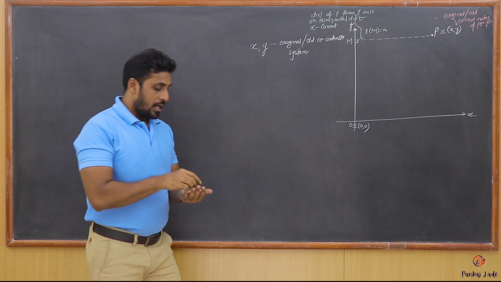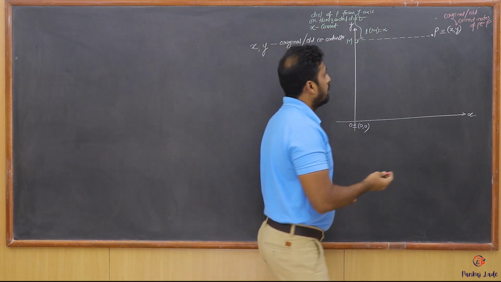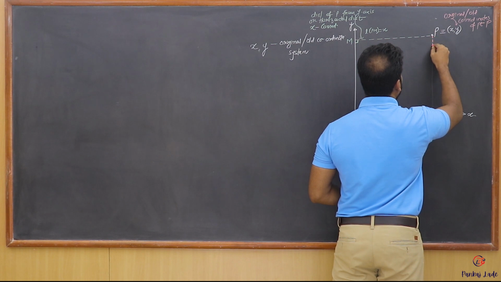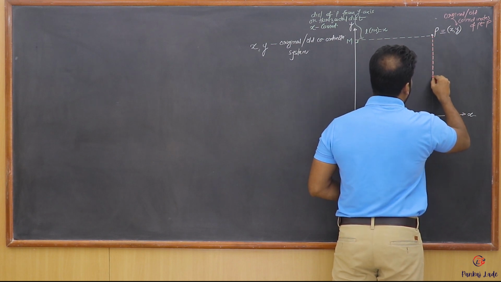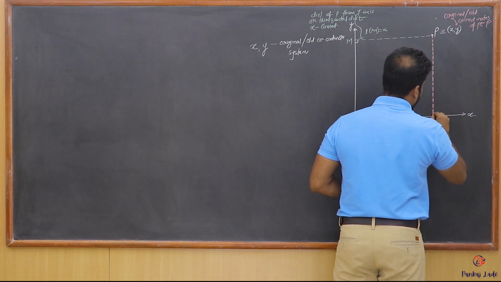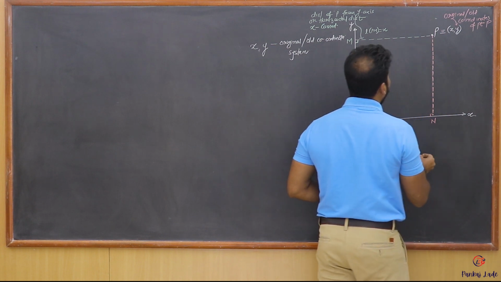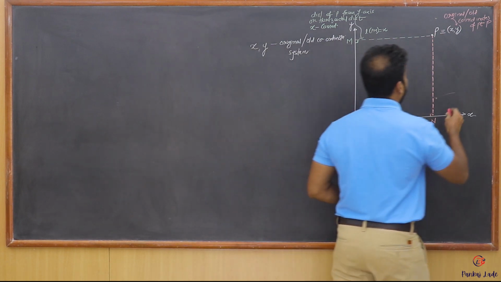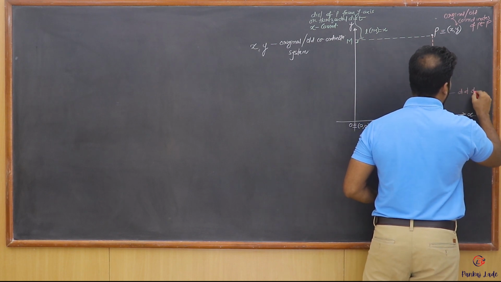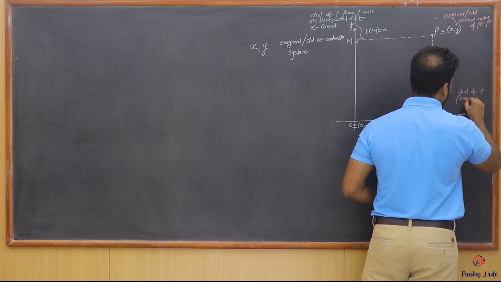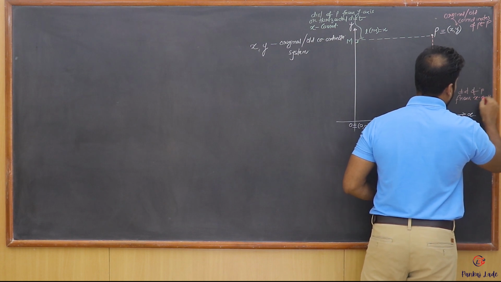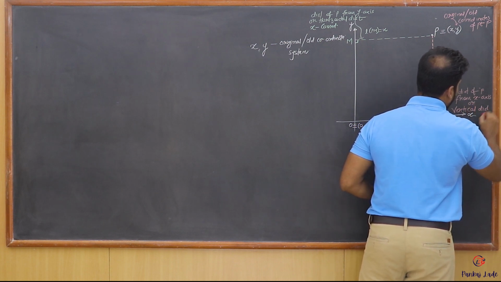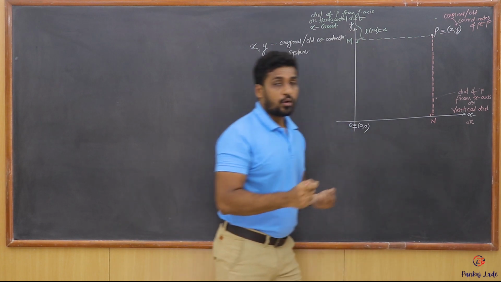This is the x-coordinate. Likewise, I'm going to draw the perpendicular from point P on the x-axis. So this is the perpendicular which is drawn from point P on the x-axis, isn't it? So let us call this PN. So PN is the vertical distance, isn't it? Or I can say the distance of point P from the x-axis, or the vertical distance, and students, it becomes the y-coordinate of the point.